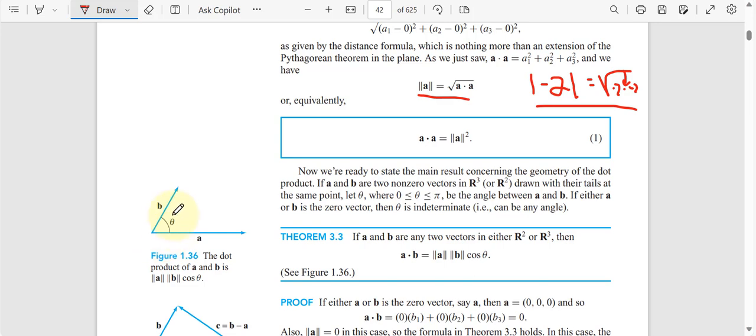We don't have to leave it like that. I mean, they don't have to be like that, but we can do that for any two vectors A and B. So suppose we have any two vectors A and B, and suppose we put their tails at the same place, and then there's going to be an angle between them, and that angle we're going to call theta.